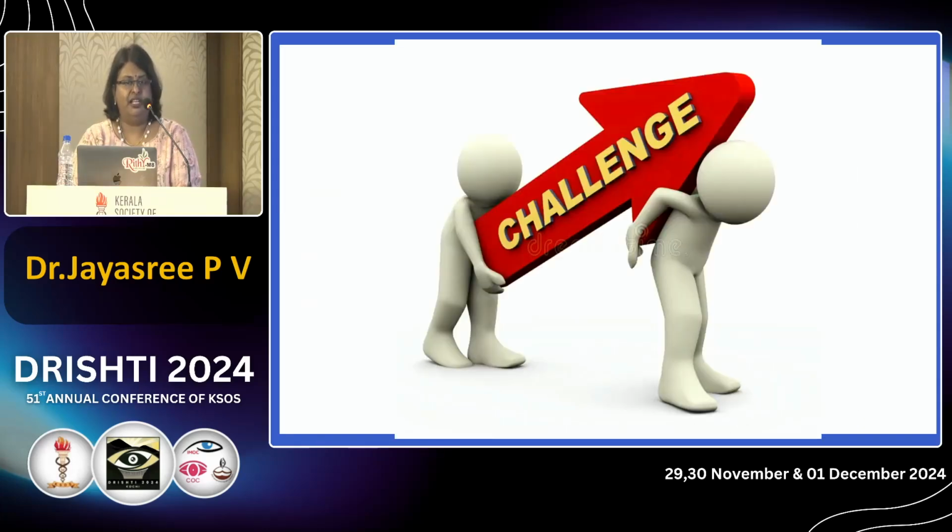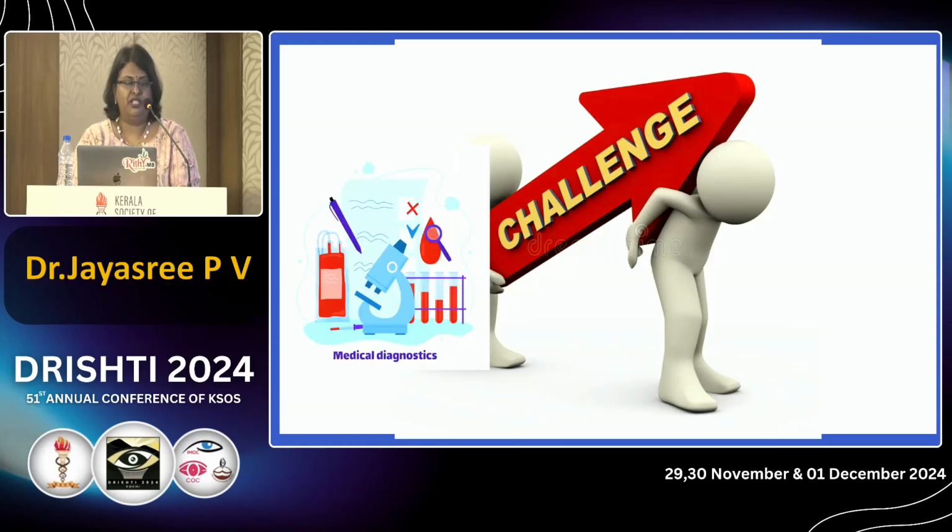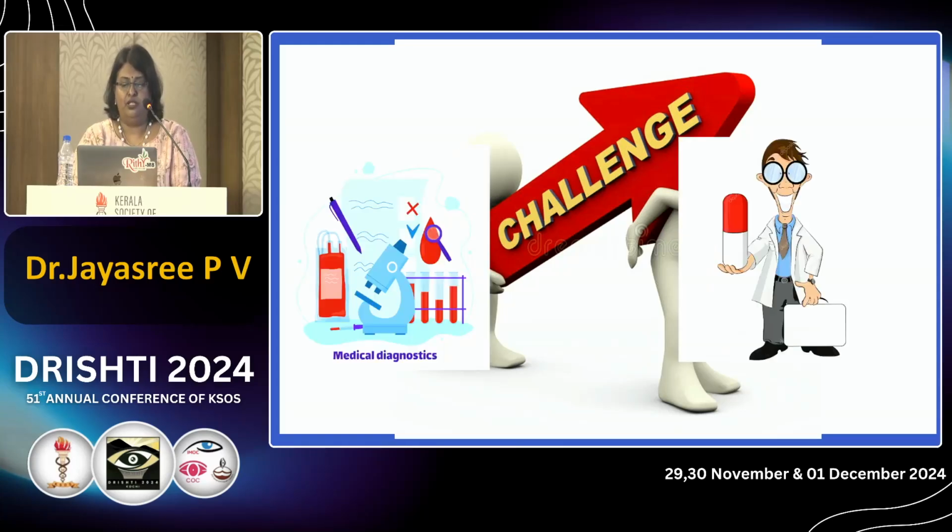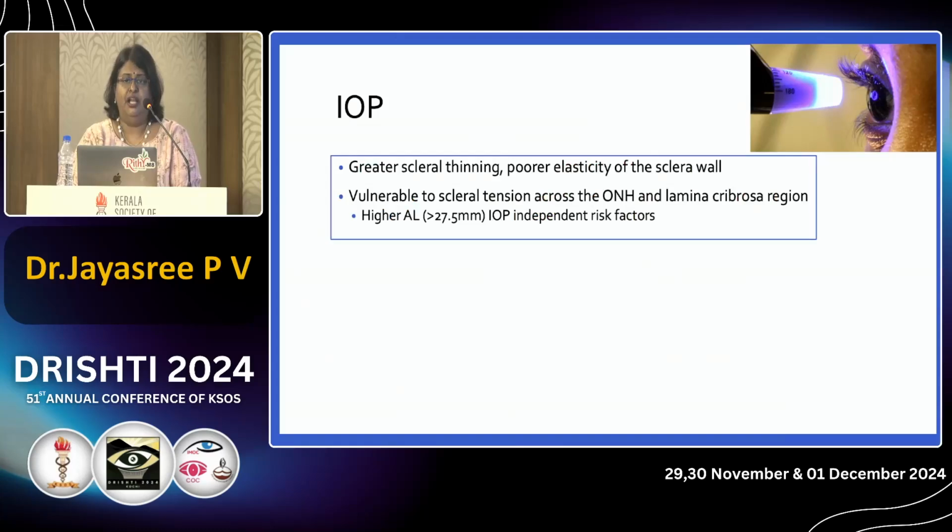The challenges that we face when myopia is complicating glaucoma are not just in the diagnostics, but also in the treatment of the patient. Every aspect of glaucoma diagnostics is given a challenge by myopia. Coming to IOP, which is basic for glaucoma diagnostics: scleral thinning, poor elasticity of the walls of the sclera.